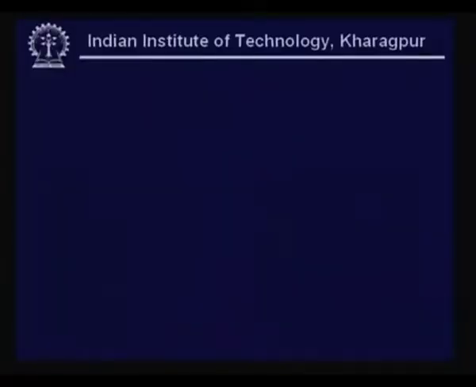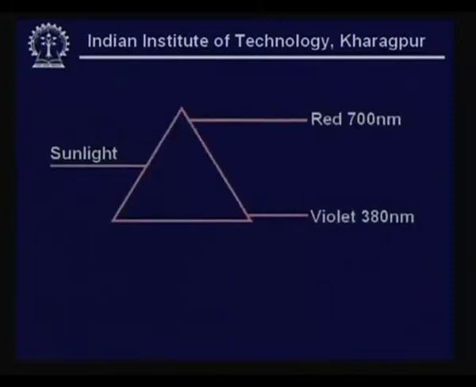We know that the natural source of light is sunlight. Passed through a prism, we can see the beam splitting into various colors spanning from red to violet, corresponding to various wavelengths.